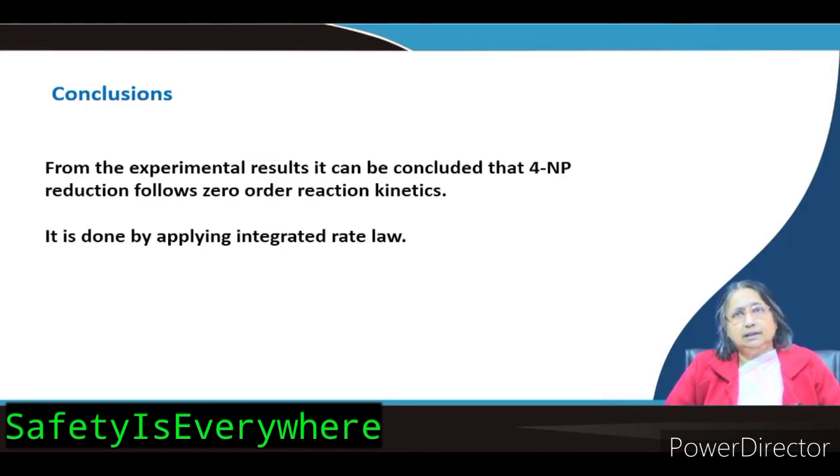What is 0 order reaction, what is first order, what is second order, what is pseudo first order reaction, how the rate constant depends on the temperature, that also I explained, and finally I explained how by a simple experimental method you can practically tell the order of a reaction.